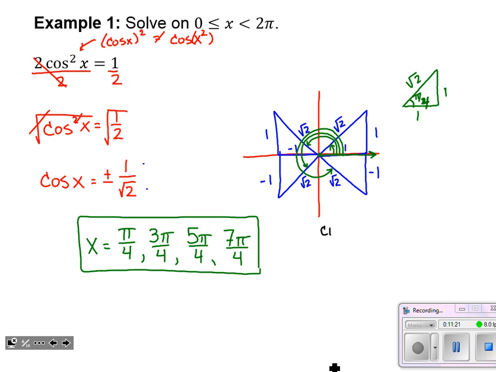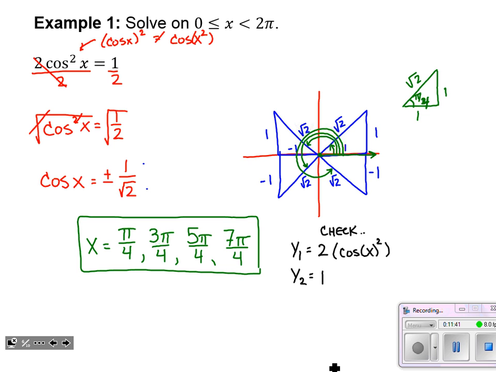So if we're going to check in a calculator, we need to do a couple things. First of all, we want to make sure that the function is entered into y1 and the other side is entered into y2. So that's how we would type those functions in.